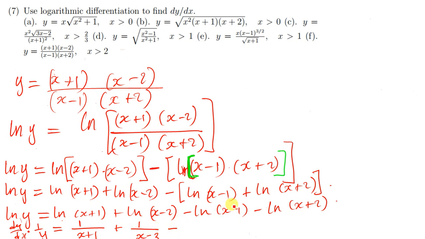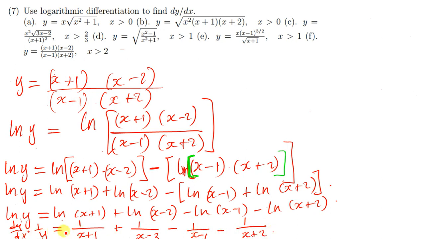When you say minus, differentiate this expression here, you also get 1 over the original function, which is x minus 1. Even this other one, we also have the same, differentiate there, get 1 over x plus 2.